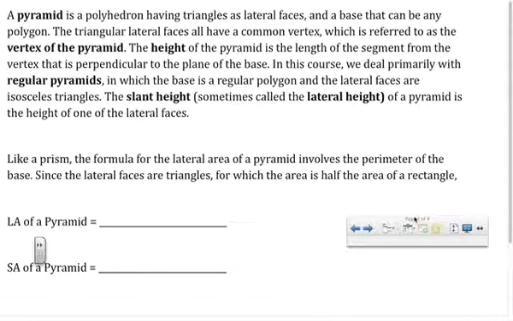If I'm finding just the lateral area of it, what kind of shapes am I finding the area of? Triangles. So let's say that all of the sides in this particular instance are all equal. So the area of this triangle is just 1/2 times base times the height of that triangle.